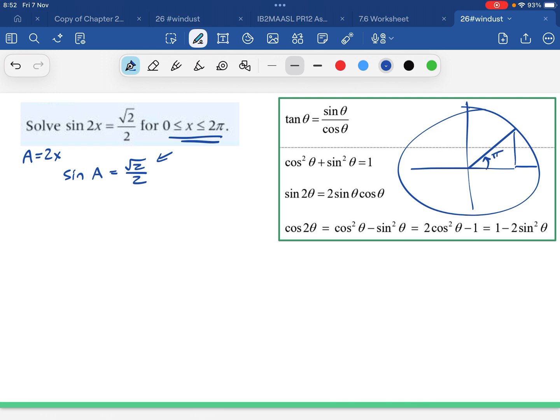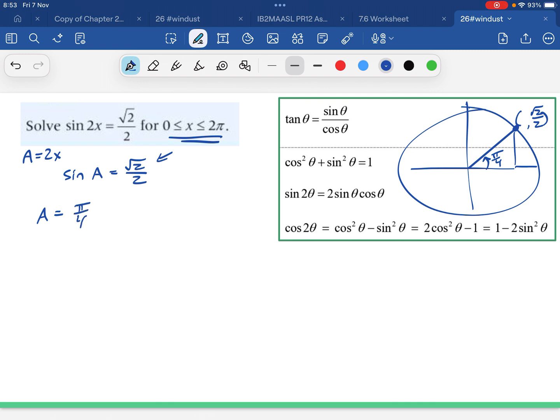The sine of that is the y value, which is root 2 over 2. So one of my answers for a is going to be pi over 4 radians.